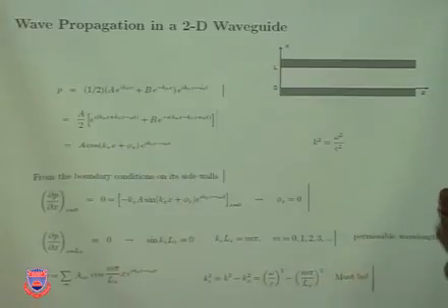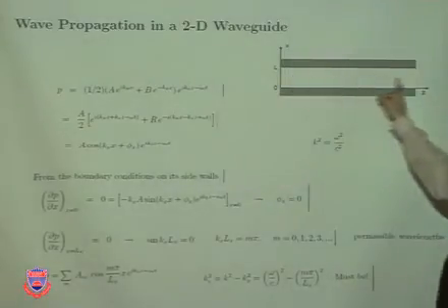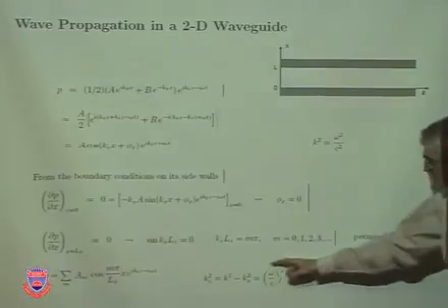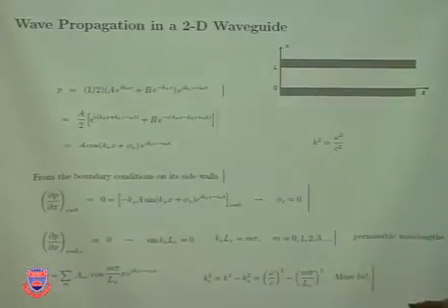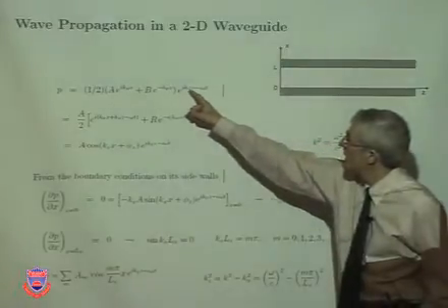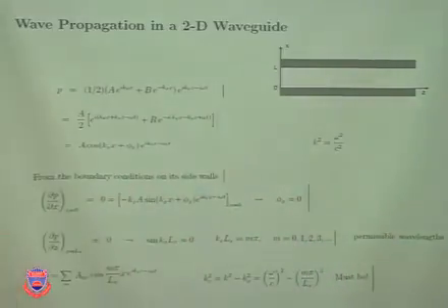What is kz? It's the wave number right up here that travels in this direction. So this number, or the square root of this, must be real. If it is not real, then when you substitute it in here, it will be an exponentially decaying number.